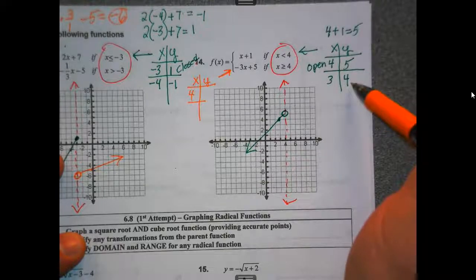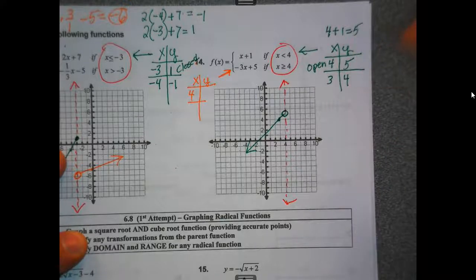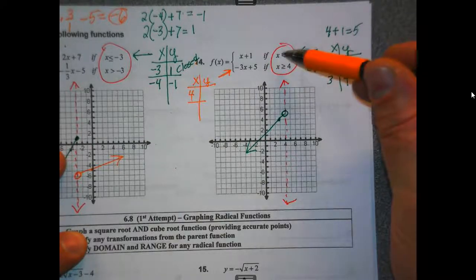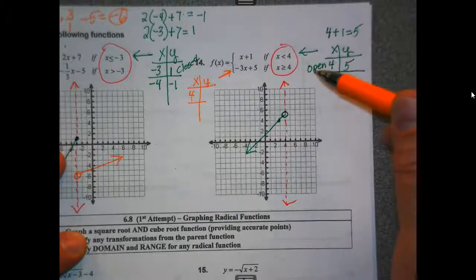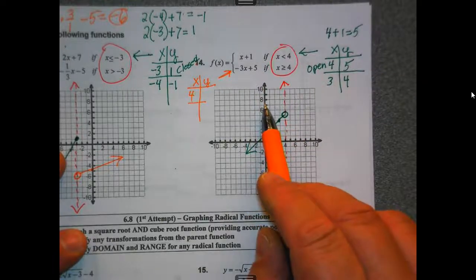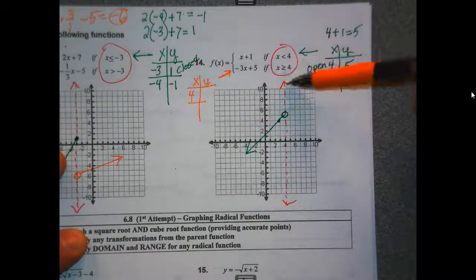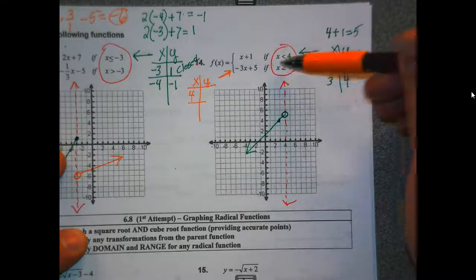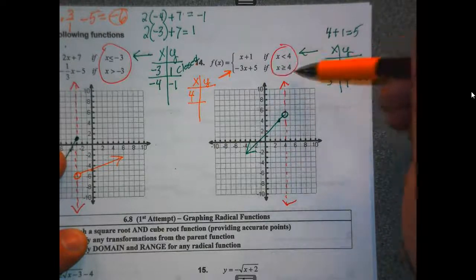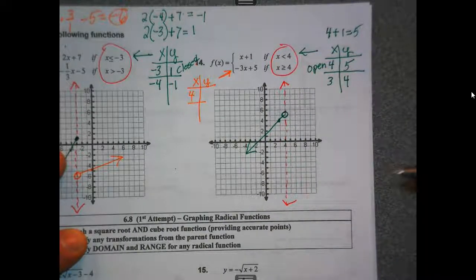Well, I needed a number less than 4, so I chose 3. Now, if I had 3 pieces, then usually the middle one has 2 inequalities. I have to use both of those for the x.